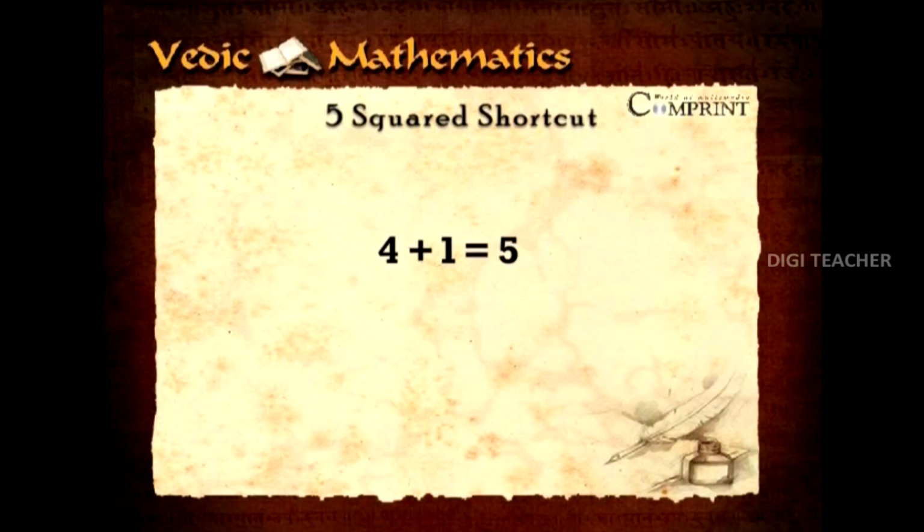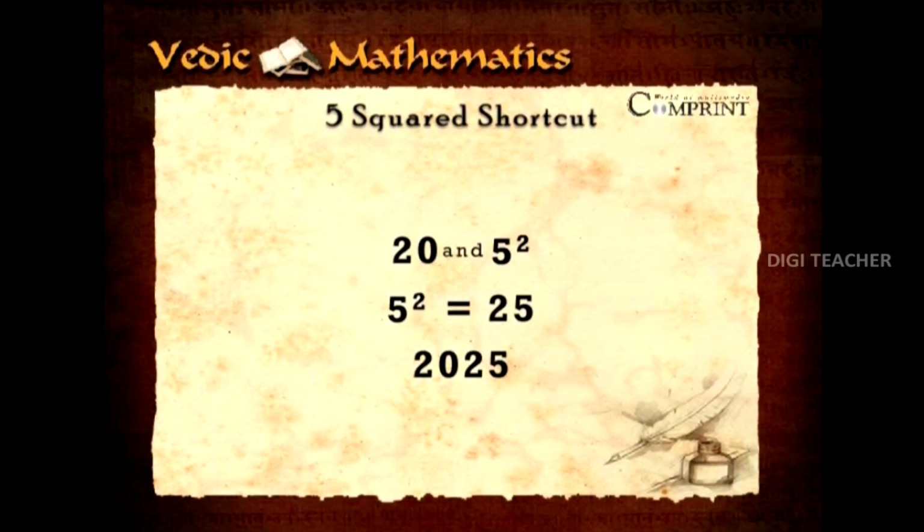Then multiply this answer 5 by the original first number 4, which equals 5 multiplied by 4 equals 20. So what you have is 20 and 5 squared. Everyone knows 5 squared is 25, right? This is what makes it easy. Put the two answers together and that's the answer. 2025.